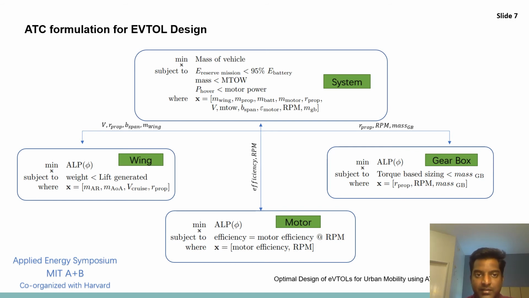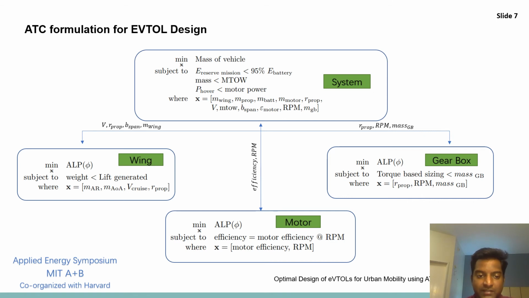And coming to the different subsystems that are used in this formulation, the wing subsystem basically uses nonlinear lift theory to compute the lift that is generated during flight. And the constraint here is that the lift that is generated during flight must be greater than the weight of the aircraft. And the objective function here is the augmented Lagrangian penalty function.